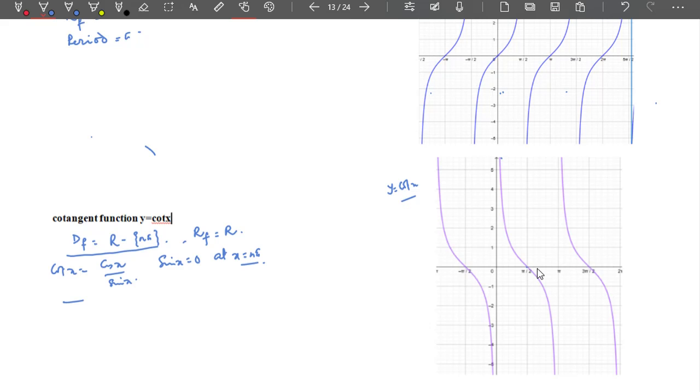Then it further decreases to minus infinity at pi, and then it starts afresh after pi from plus infinity, and it decreases up to minus infinity at 2 pi.